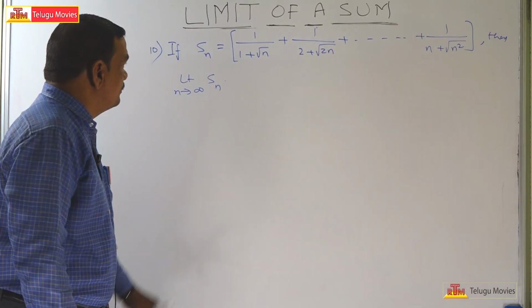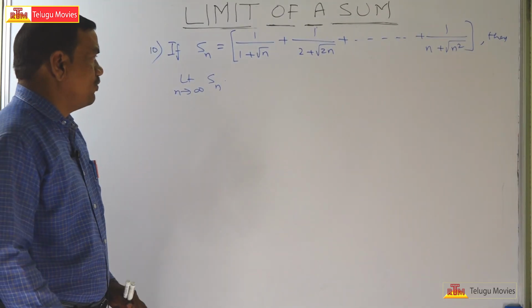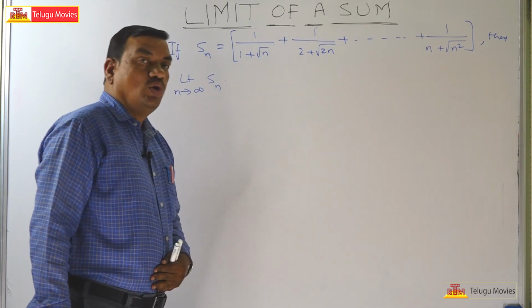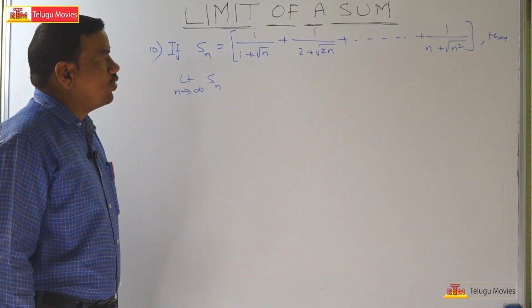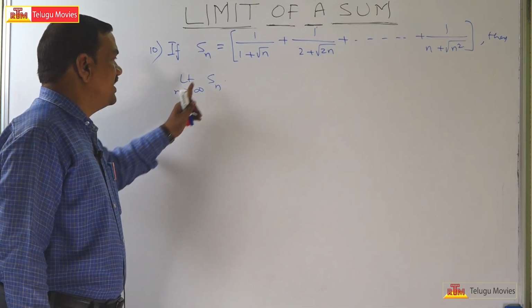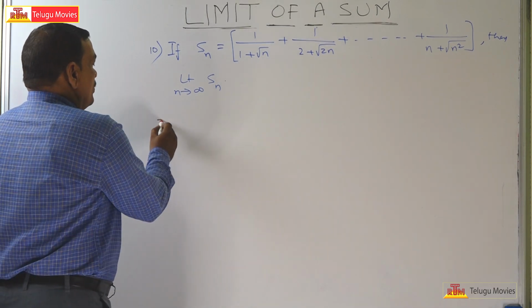Welcome to this problem. So here it is given, if Sn, this is one expression, 1 by 1 plus root n plus 1 by 2 plus root n plus so on 1 by n plus root of n square, then limit n tends to infinity, Sn value is how much? Right, we will do like this.